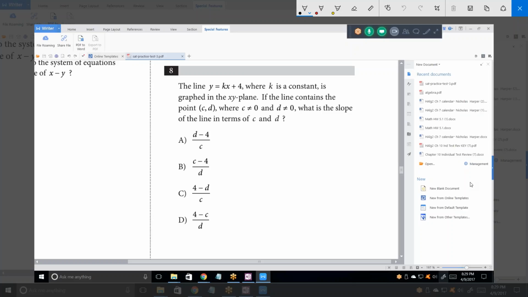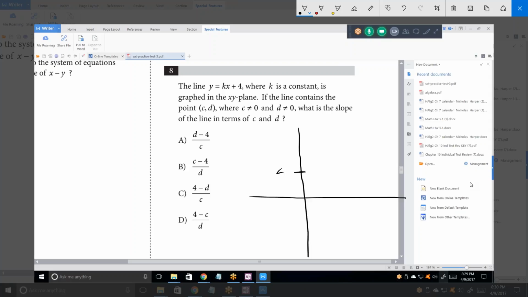Again, complicated problem, right? I mean, where do we even begin? Well, it's in y equals mx plus b format, so you can graph that. Let's graph that thing. Where do we start? Start at 4. And we don't know what the slope is.